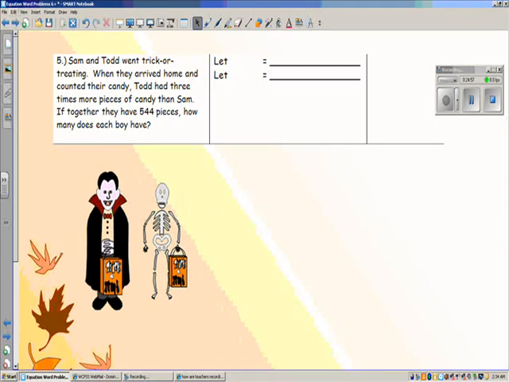Okay, let's start, as always, with defining our variable. Let's start with Sam. We'll use S to represent the amount of candy that Sam had. So I'm going to put it shorthanded and say Sam's candy.